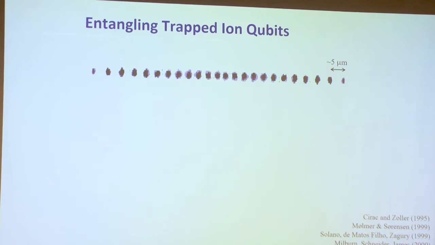It's an ion trap. It doesn't have to be harmonic, but it's a trap. And we make the trap anisotropic. We make it very weak in one dimension so that these singly charged atoms arrange themselves in a line.